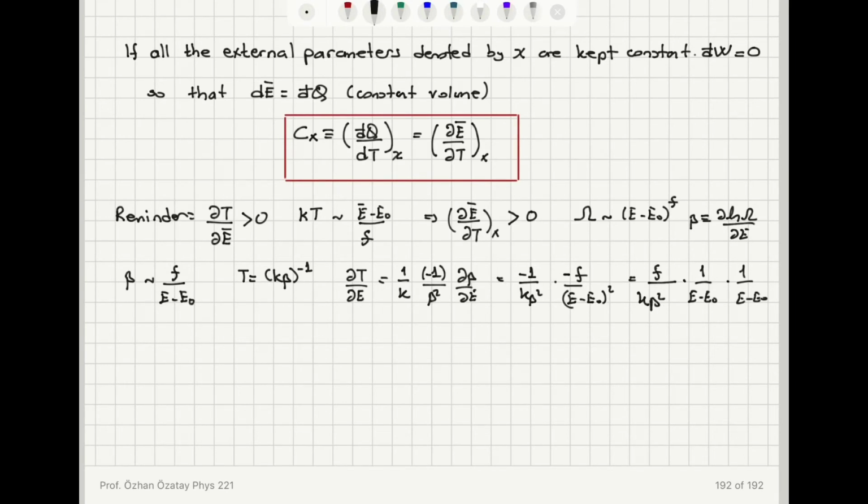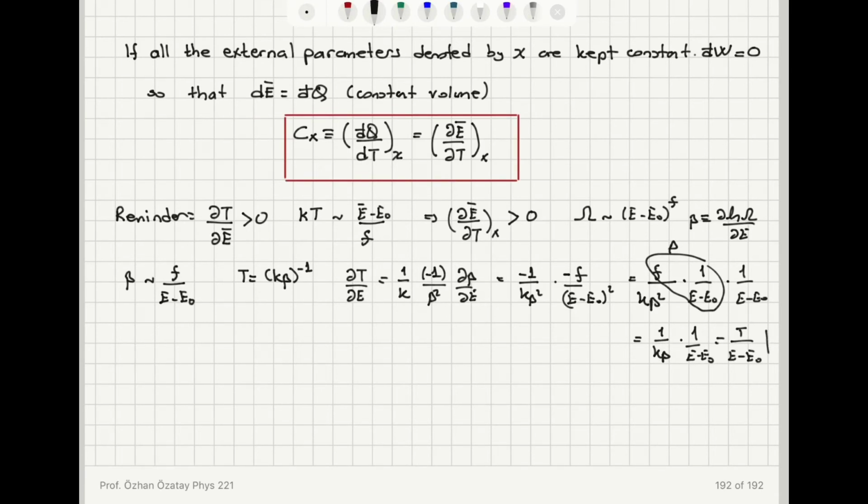So you have two squares here, and f divided by (E − E0) is β, so this is β times 1 over kβ² times 1 over (E − E0). β is 1 over kT, so it is temperature divided by (E − E0).